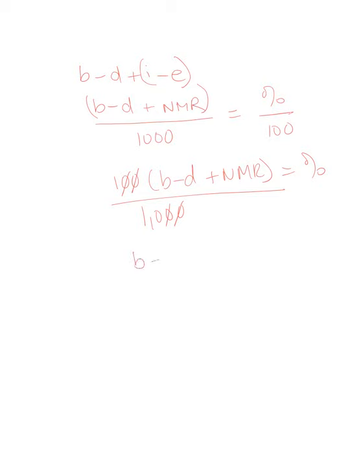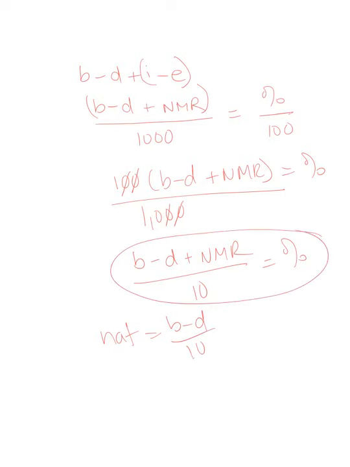So this is where we get births minus deaths plus net migration rate, over 10, equals the percent change. If it's just natural, we just do births minus deaths over 10. If it's overall, then I use this one, where I add the net migration rate. And if the net migration rate is negative, then I end up subtracting it.